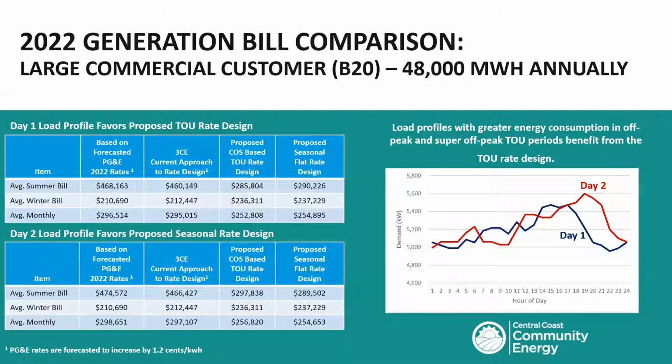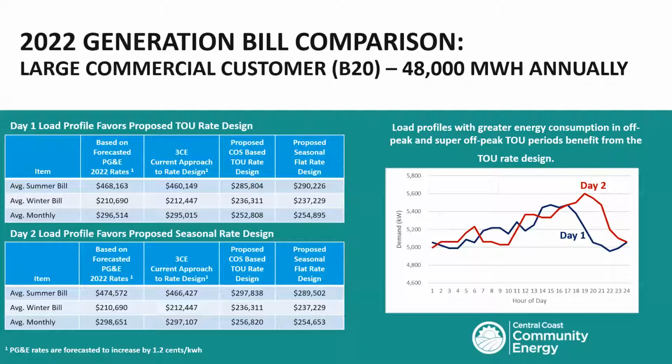Day 2, it's pushed out a little further into the afternoon and evening, hours 19, 20, so 7, 8 p.m., and then drops off. So again, how you use your power during the day is going to determine whether the proposed time of use rate design or the seasonal flat rate design is best for you.